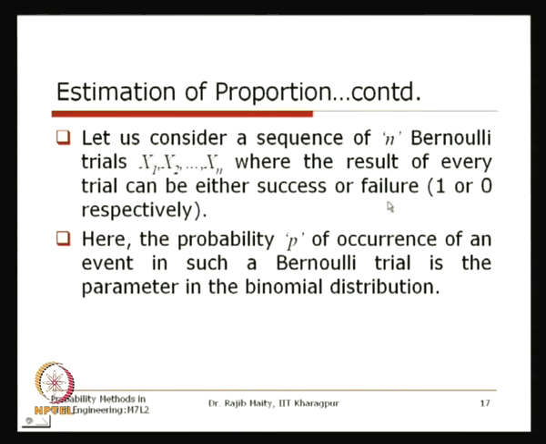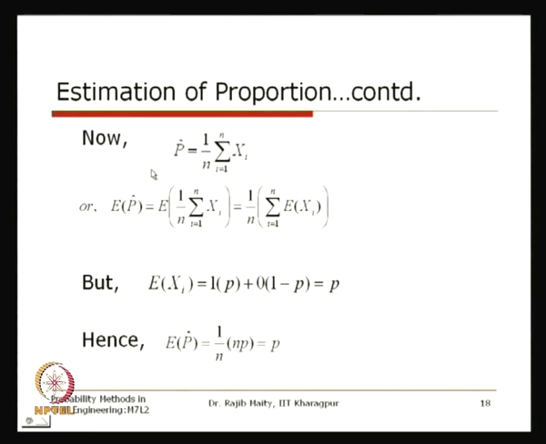Even in tossing a coin, head may be the success and tail may be the failure. So, when you are calculating the proportion, it is basically the arithmetic mean of the sequence of these binary numbers, 1s and 0s, that gives you the proportion. That is, the summation of all these xi divided by n gives the estimate of this proportion.